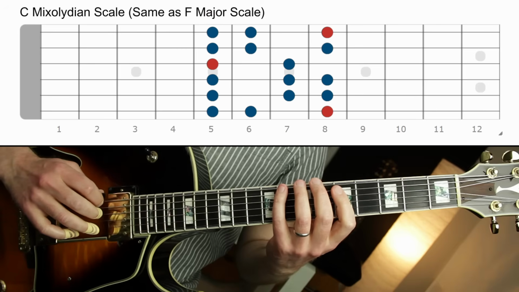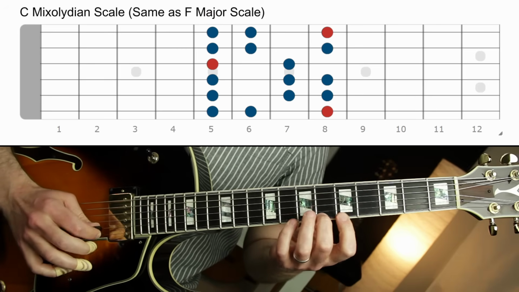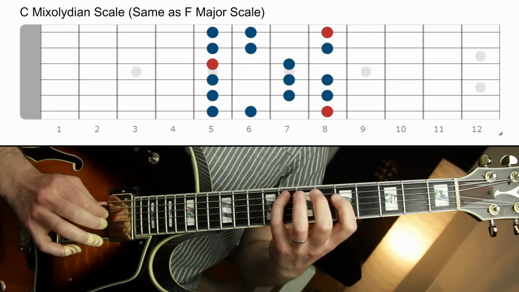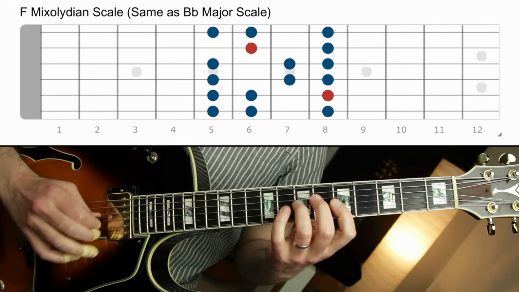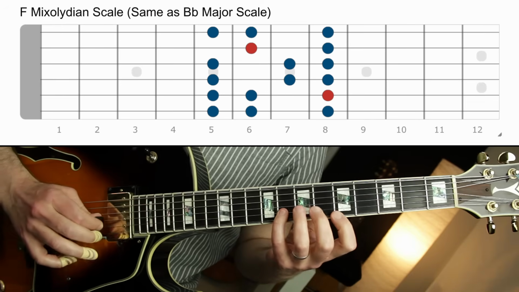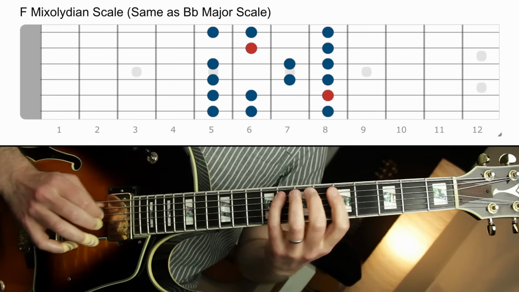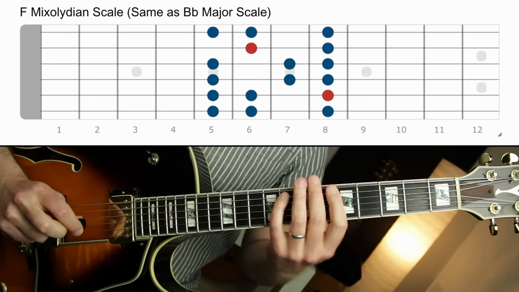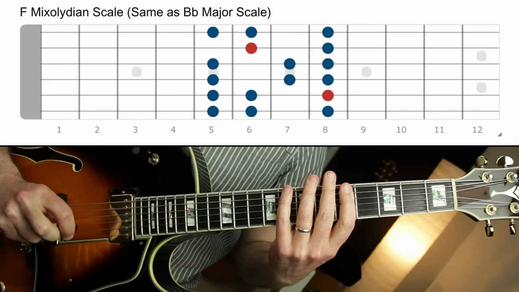Here is C mixolydian. Here is F mixolydian. Those are all of the scales in that position. Notice I'm all in that position. By mastering things there, I can connect my ideas together.